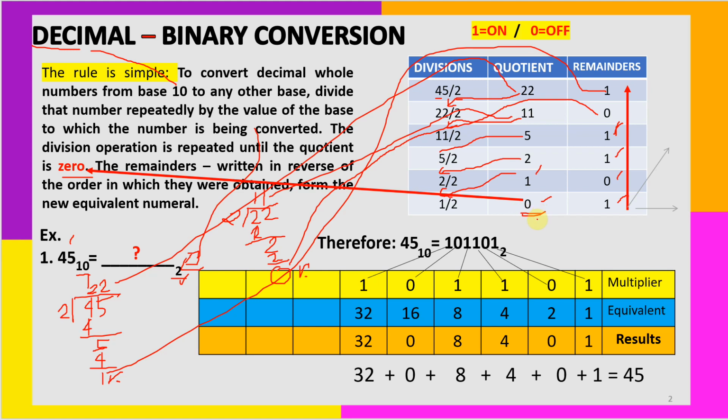This time you will stop division, since the rule says that if the quotient becomes 0, you stop division. This time the quotient is 0. So you stop division. Okay?